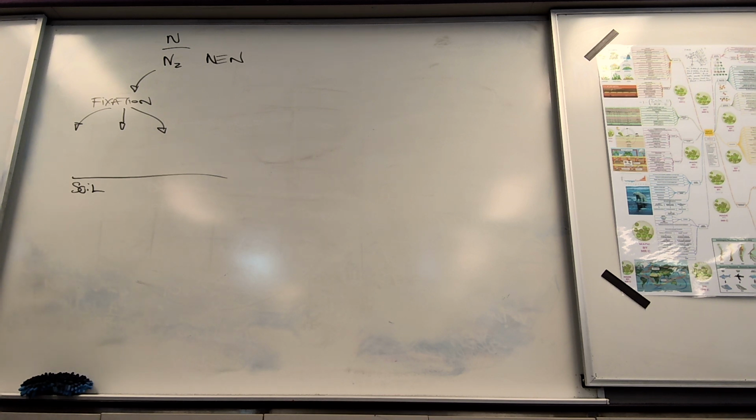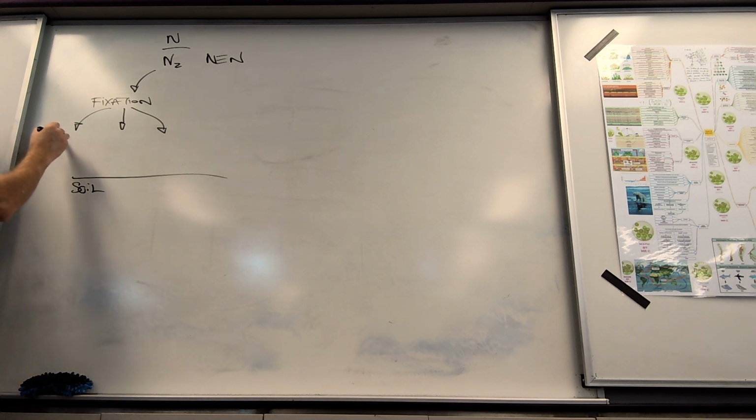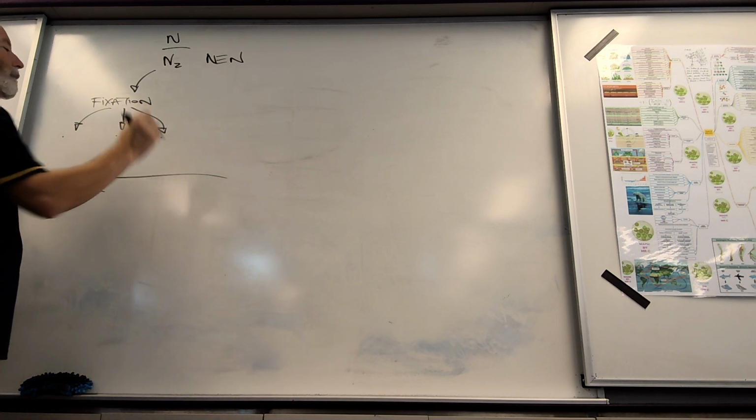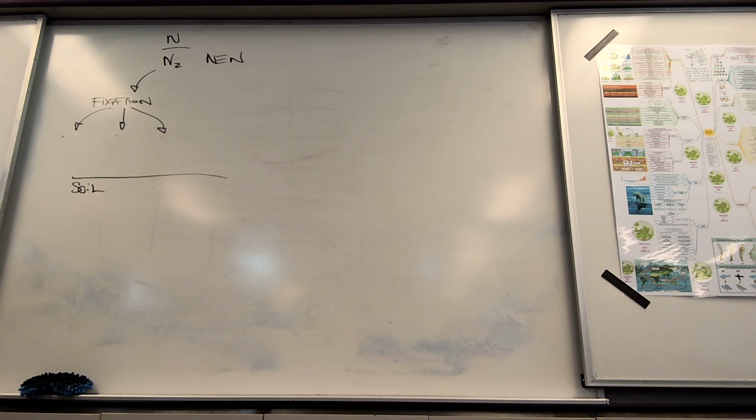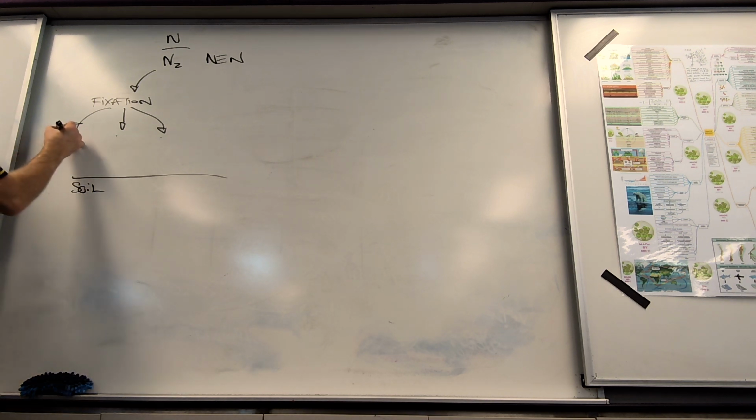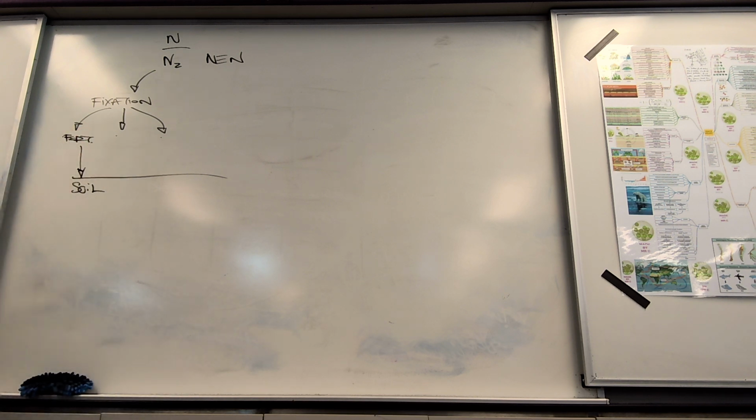The first one is via humans, and then these 2 are not. What form of nitrogen do humans put into ecosystems? Fertilizer. So the fertilizer goes into the soil.